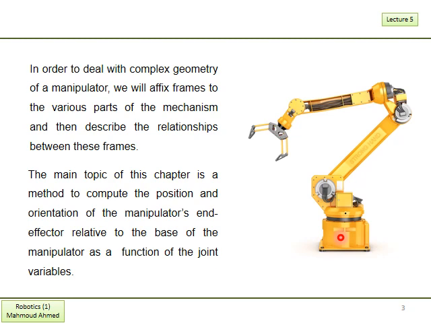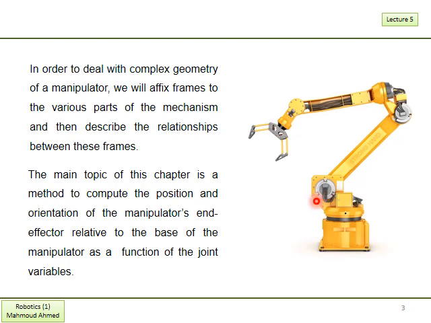So the main topic in this lecture, we compute the position and the orientation of this end effector as seen by this gripper here. We name this part here as the end effector, and what we are going to do is to compute the position and orientation of this end effector relative to this fixed base as a function of all the joint variables.